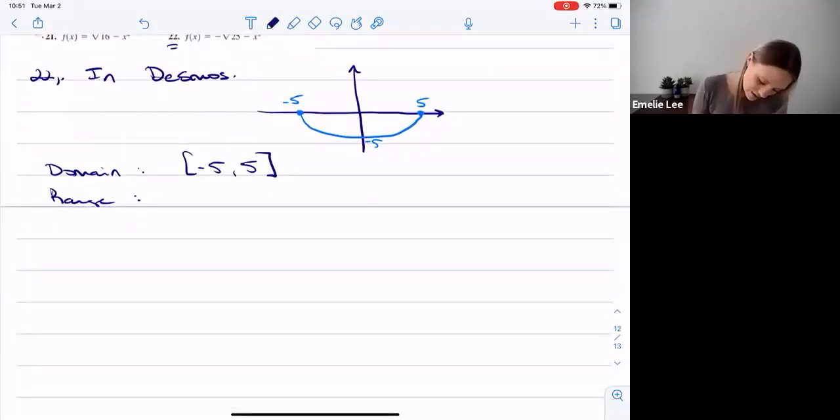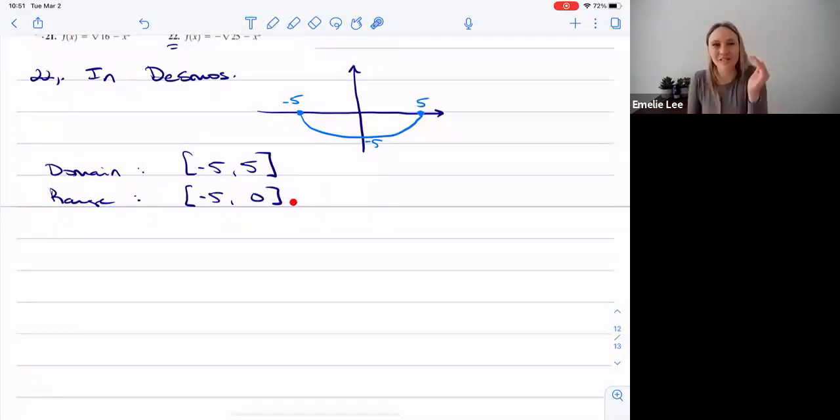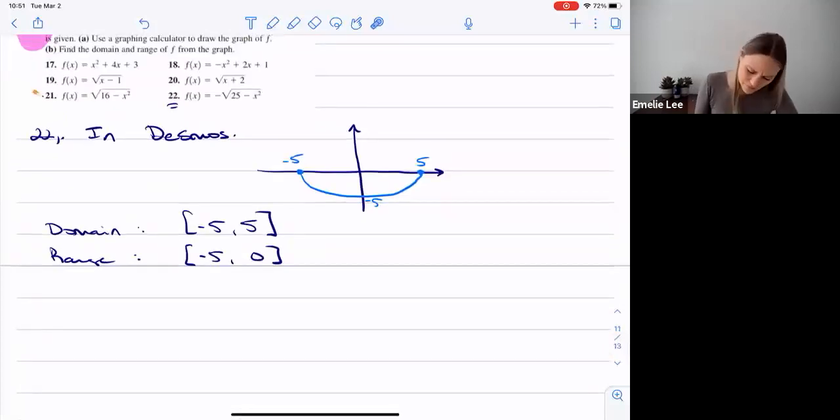So it goes from 0, including 0. Oops, sorry. I almost went from 0 to -5. That doesn't make sense. -5 up to 0. You always have to be increasing on a number line in your interval, otherwise it doesn't make sense.